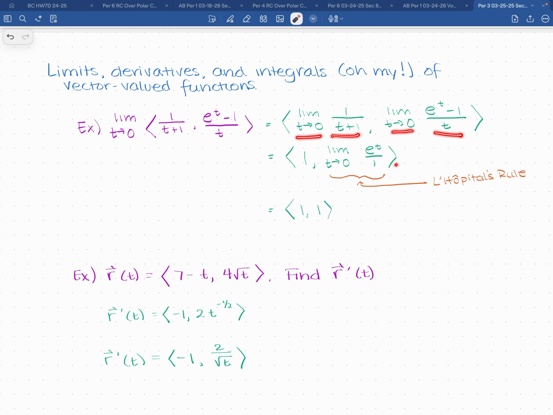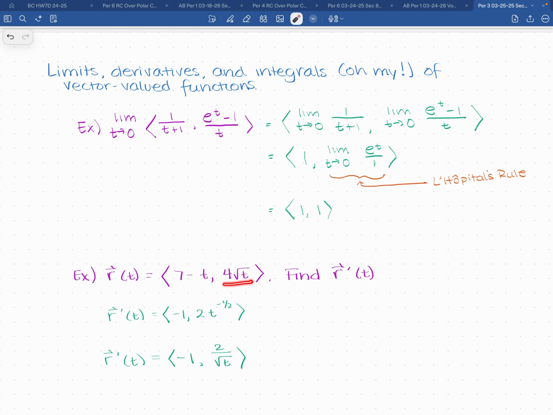The vertical we can do L'Hopital's rule on, and you get your answer. And there is the limit. The limit of this vector valued function would approach this vector. If we wanted to take the derivative of a vector, just take the derivative of the components. So the derivative of the horizontal component would be -1.